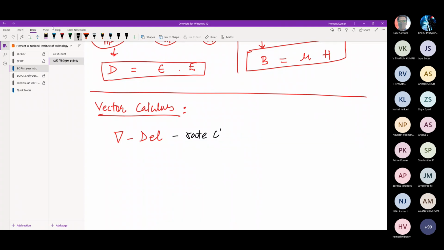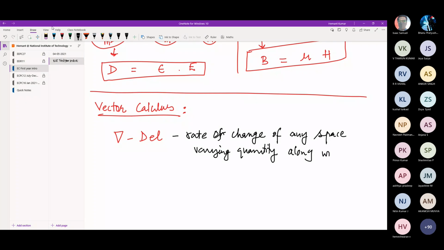It gives you the rate of change of any space varying quantity. It must be a space varying quantity. Along with the magnitude, it will give you the direction of change, in which particular direction you are getting it.